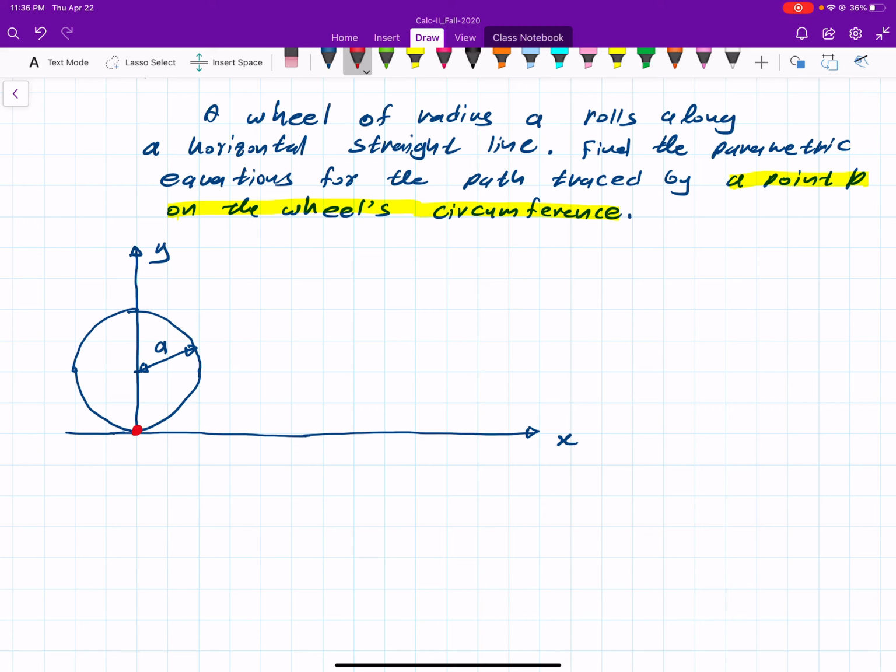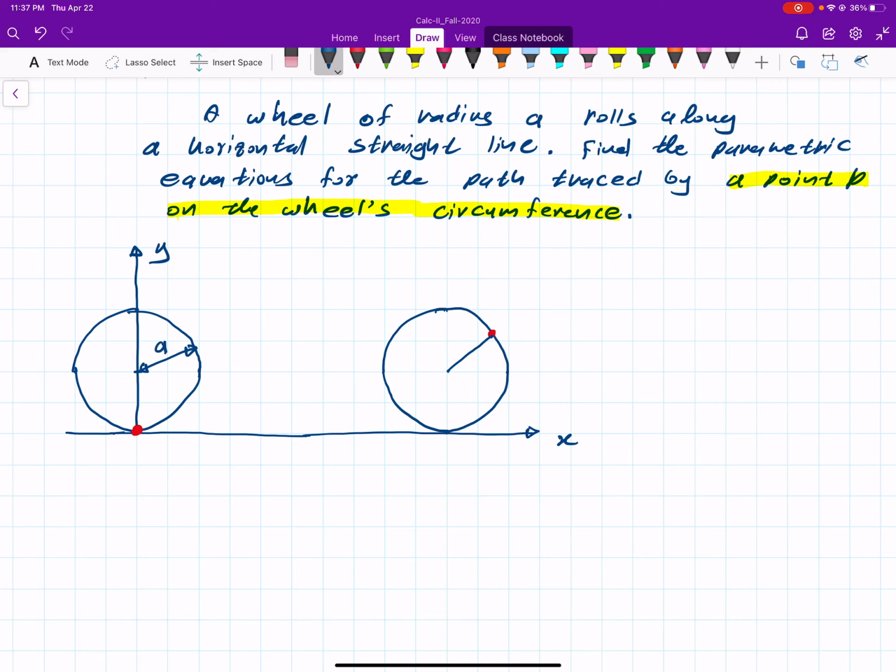All right, now you roll this wheel, and let us assume after some time the wheel will look like this. The point is like this.